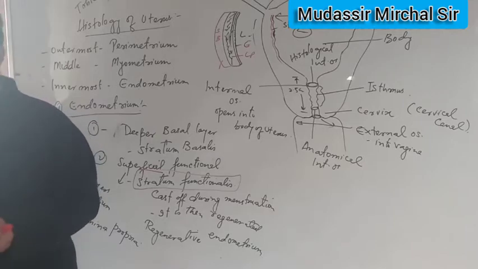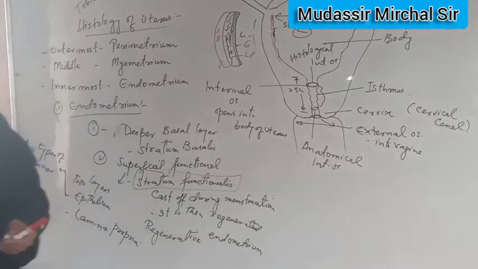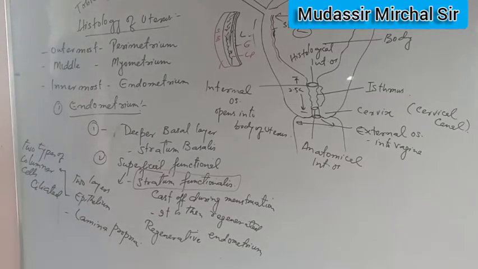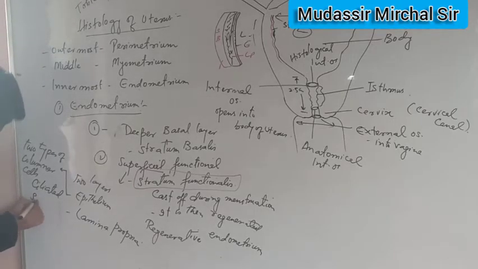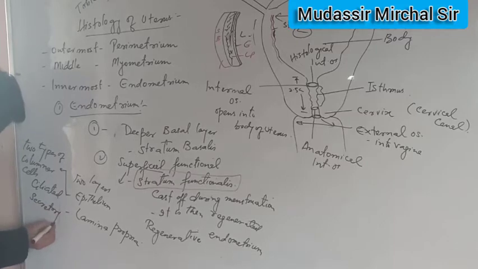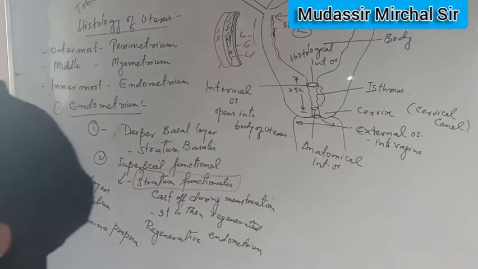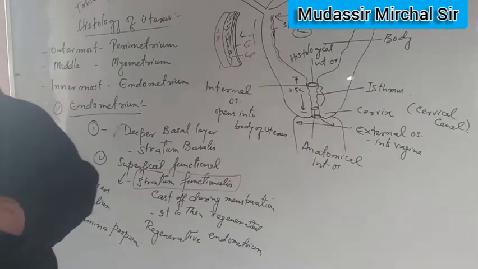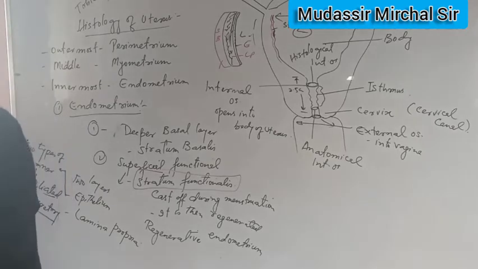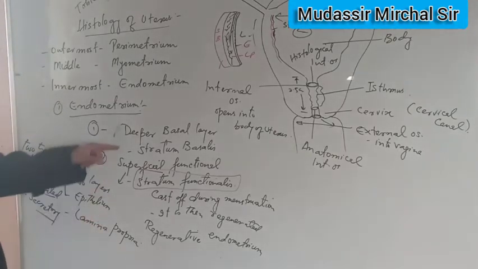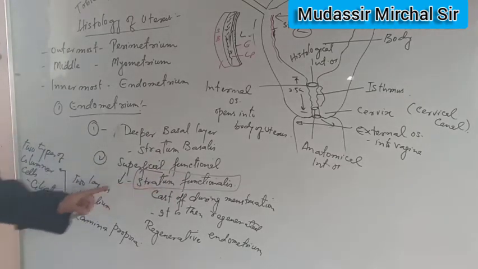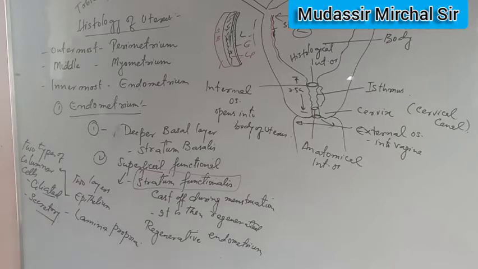So that is about the endometrium. The endometrium has the basal layer, stratum basalis, and the stratum functionalis, which has two layers, epithelium and lamina propria.